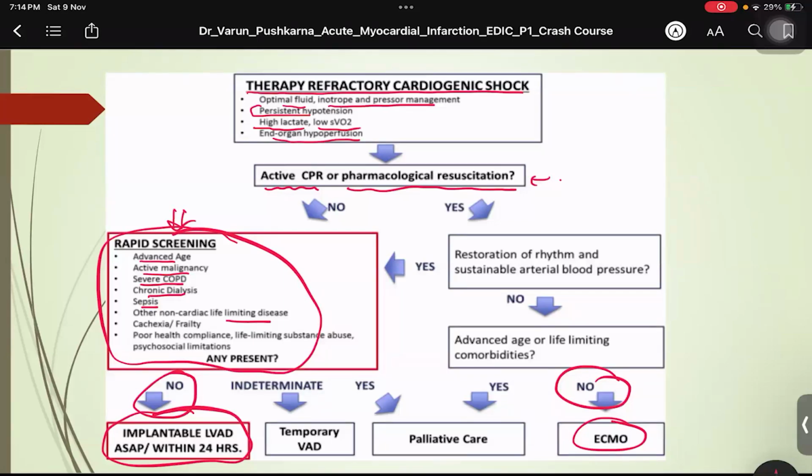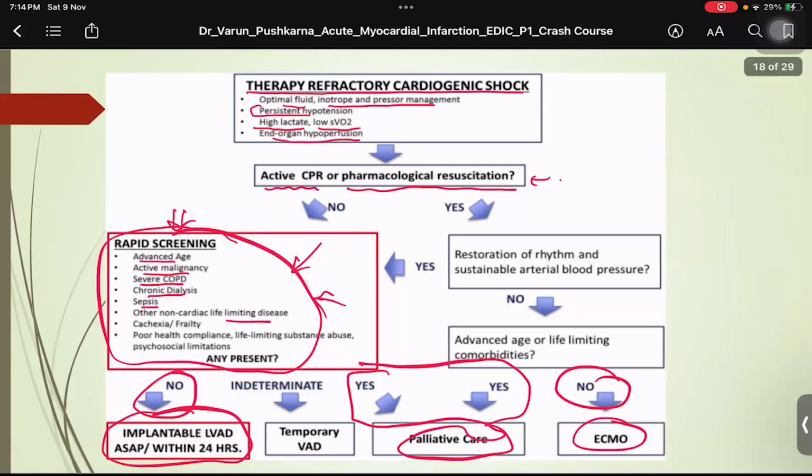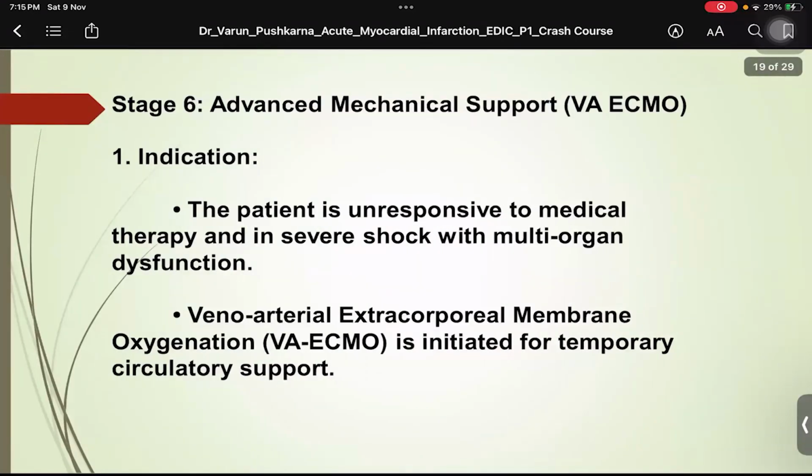However, if these patients have these things, then you should consider palliative care as the only option. So in our case, the patient is a young 54-year-old male. He only has diabetes, and there are no other criteria to remove this patient from the need of a mechanical support device. So we put the patient on VA ECMO.